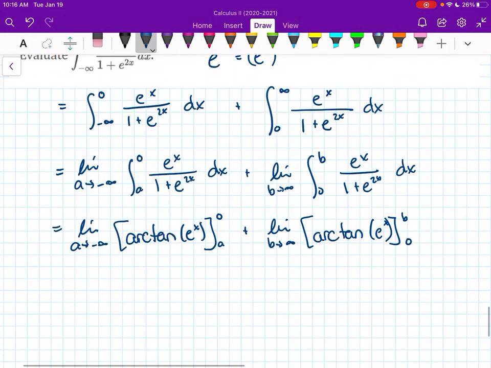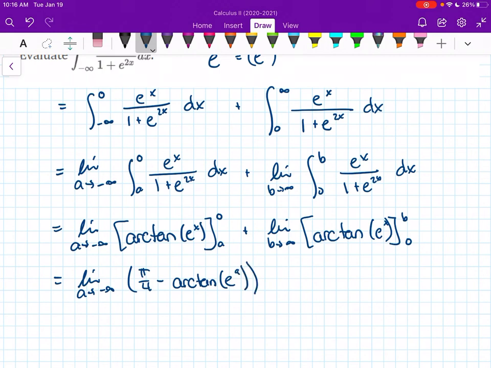And so then I can go ahead and plug that in. Arctan of 1 is pi over 4. So then I get the limit as a approaches negative infinity of pi over 4 minus arctan of e to the a, plus the limit as b approaches infinity of arctan of e to the b minus pi over 4.